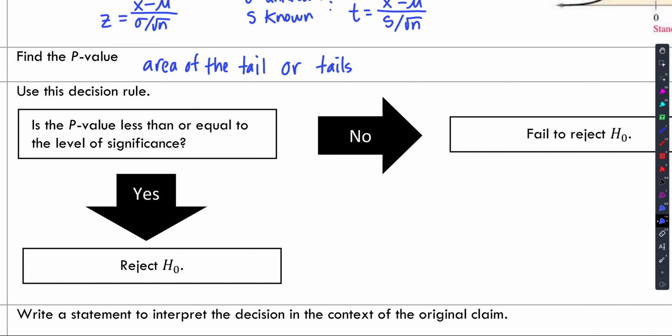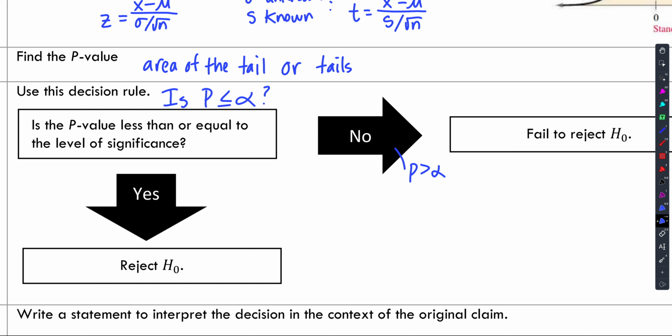Is the p-value less than or equal to the level of significance? It's asking, is p less than or equal to alpha? If we say yes to this question, then we reject the null hypothesis. If we say no, then we're saying that p is greater than alpha, right? Because if it's not less than or equal to alpha, it has to be greater than alpha. So then we fail to reject the null hypothesis in that case.